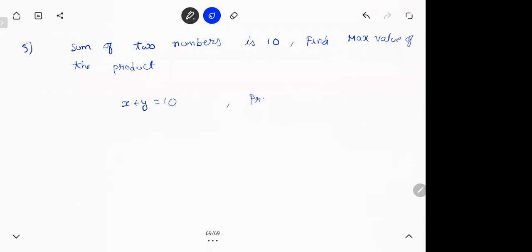I'm asking product. Product P is xy. Dekha, there are two variables. They both are given a relation, sum is given, and I'm asking a product. So what is y? 10 minus x. So P is x into 10 minus x. So 10x minus x square. So you want the maximum value.